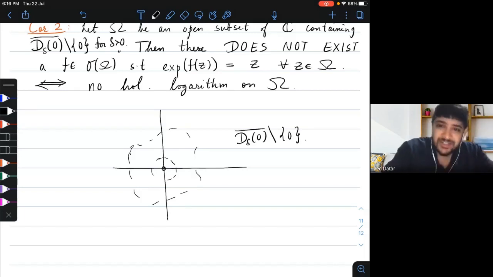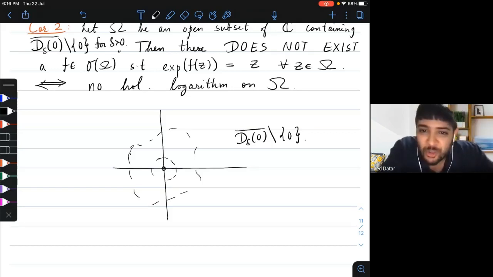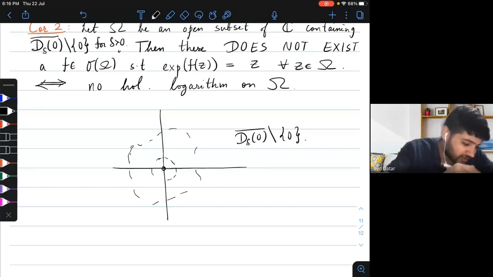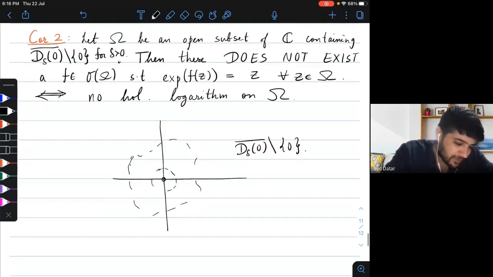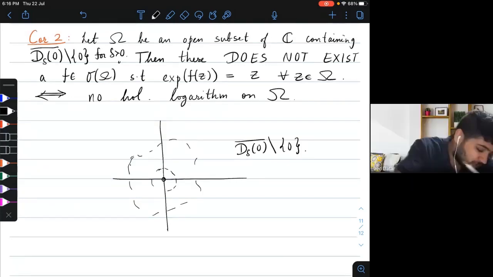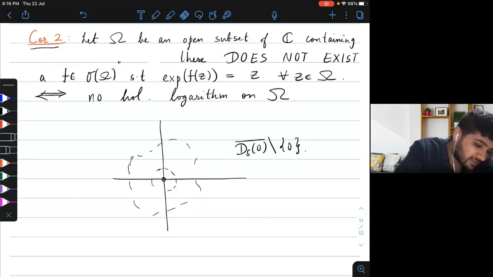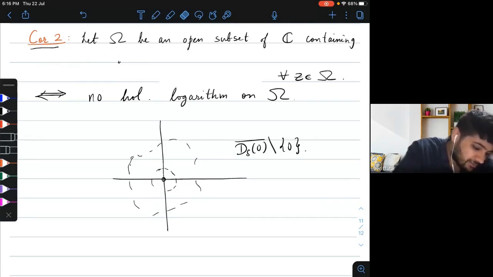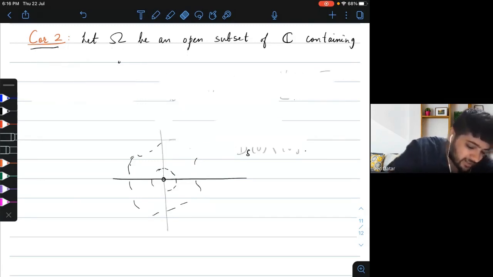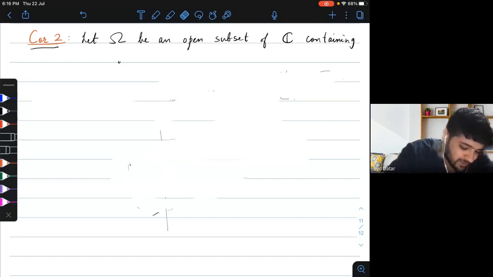As soon as it's a domain that contains this set, there cannot be a holomorphic logarithm on it. So is the statement clear? Any questions on the statement? Sir, repeat the statement. Okay, so maybe let me rewrite it with more clarity.